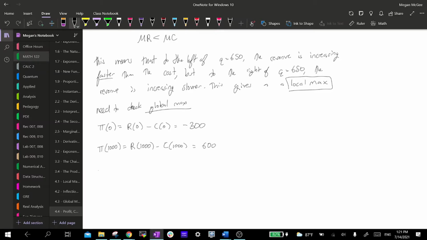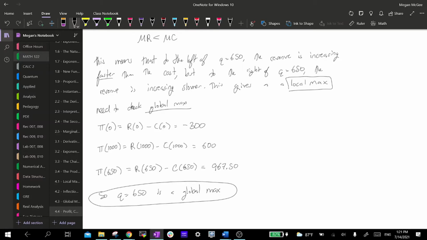But if we look at q is equal to 650, which is our critical point, we end up with the revenue at 650 minus the cost at 650, and we get 967.50. Alright, so q is equal to 650 is a global max for our profit function.